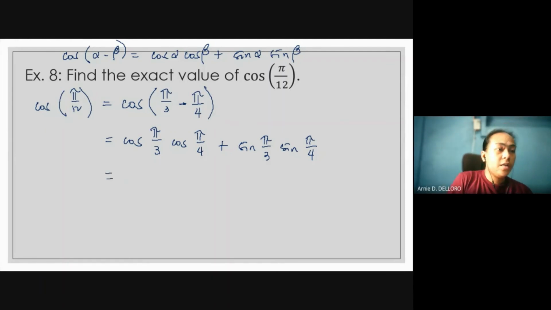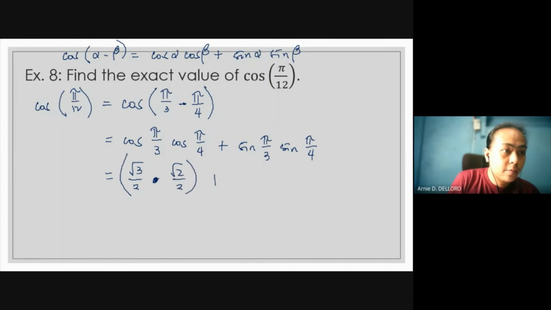So yung cosine pi over 3 is equal to square root of 3 over 2, times cosine pi over 4 which is square root of 2 over 2, plus sine pi over 3, which is square root of 3 over 2, times sine pi over 4, square root of 2 over 2. So since pi over 4 is 45 degrees, pareho lang yung x and y intercepts nila.